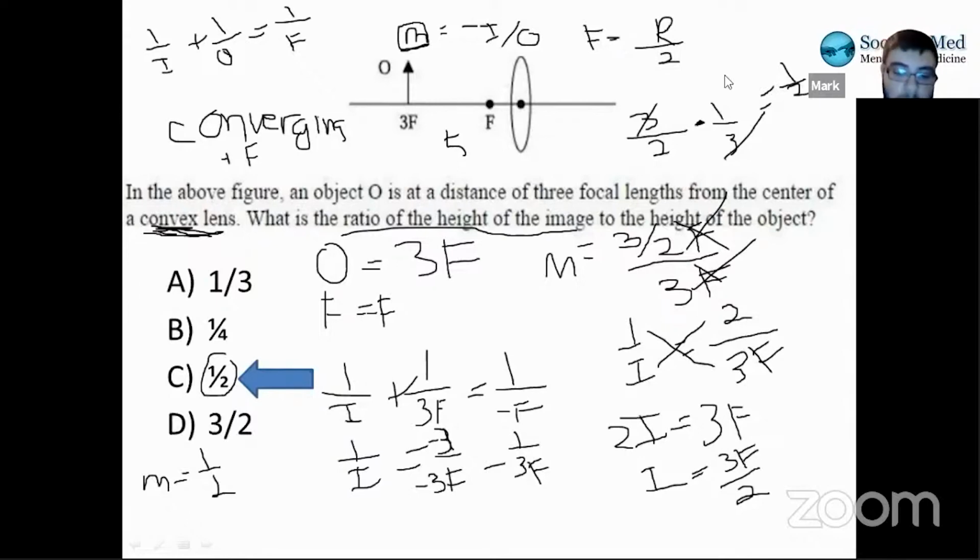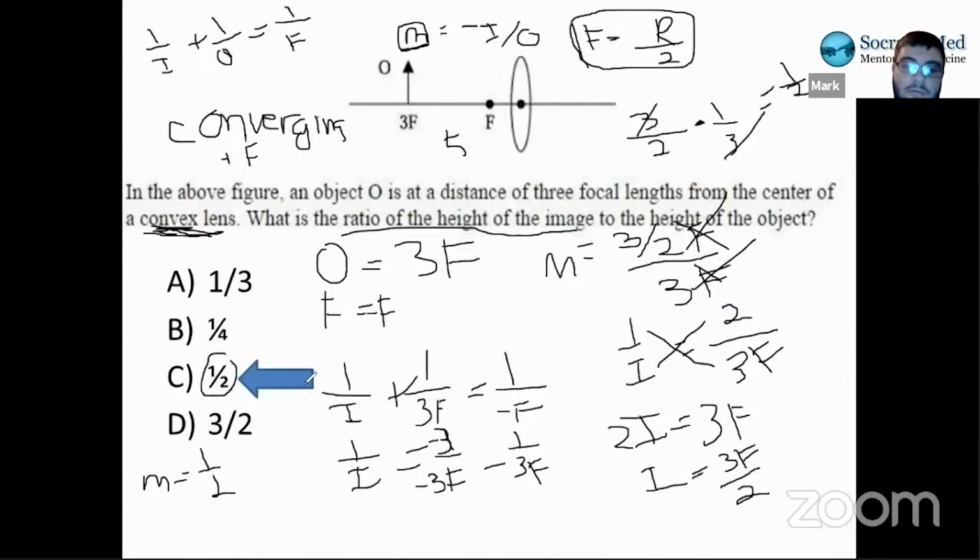One second. Yeah, F equals R over 2. This is correct. So F is also equal to this value called R over 2.